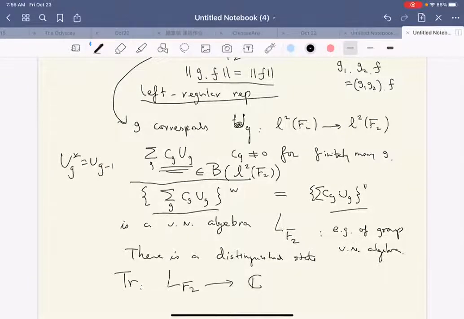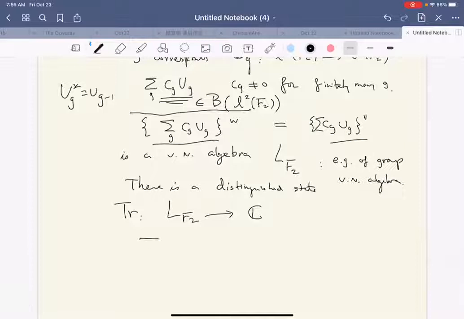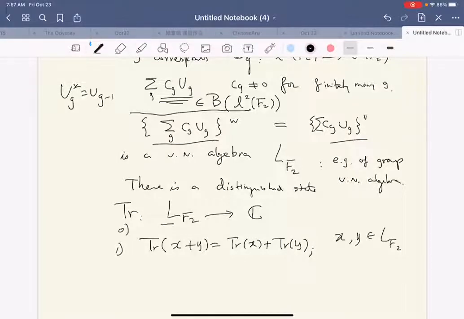Okay, so it's a state, which means the following. Trace is linear, for all x, y in L(F2). It's normalized: the trace of the identity element is 1.